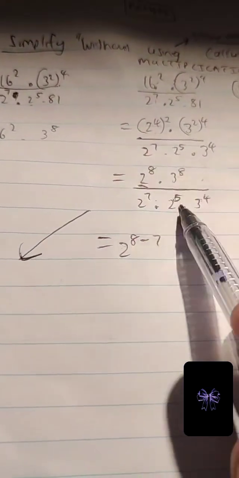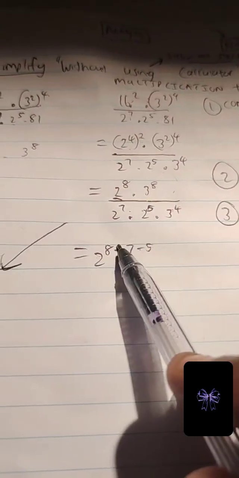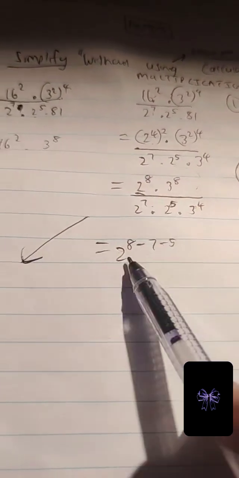Some people usually just say, okay, base 2, let's collect everything that has to do with base 2. So 2 to the power 8, that's already positive, it's in the numerator. 2 to the power 7 joins, so we subtract 7 from 8. 5 joins, we subtract 5 as well. So it's 2 to the power 8 minus 7 minus 5.